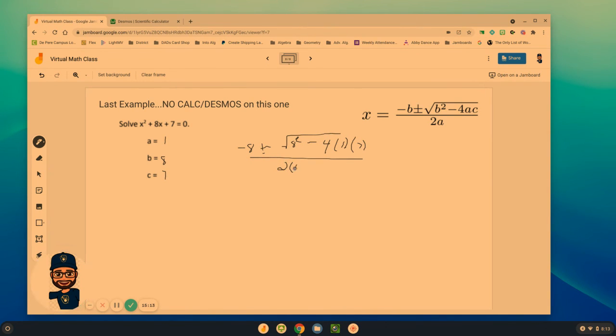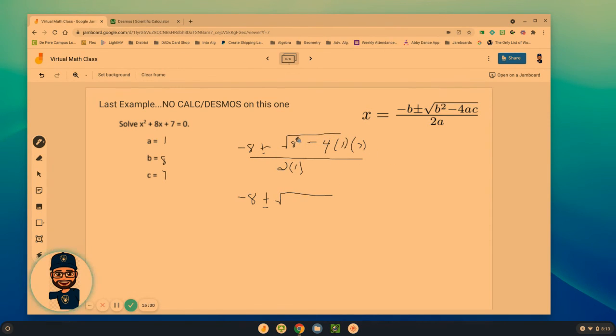So here's my challenge to you. Try to solve that right now by pausing the video and seeing what you get. When we do these, we have to perform the top and the bottom separately, and we actually have to figure out what's underneath this square root first.